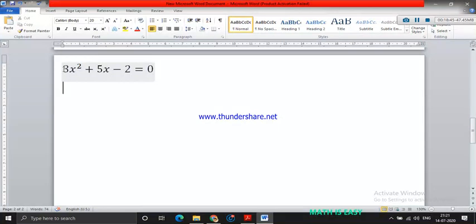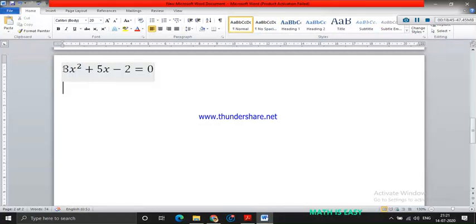Other factors I can take, for example, 6 comma 1. 6 into 1 is 6, but I want minus 6, right? So one of the factors has to be negative. If I put minus 6 into 1, the product is minus 6, perfectly fine.